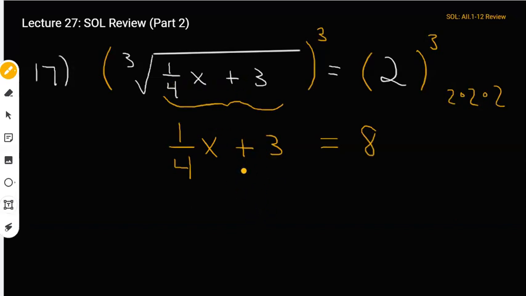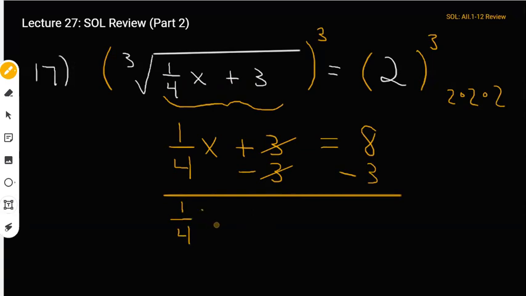The first thing I'm going to do is subtract 3 from both sides. That way, that'll get rid of the plus 3. Now I'm left with 1/4 x is equal to 8 minus 3. That's going to be 5.